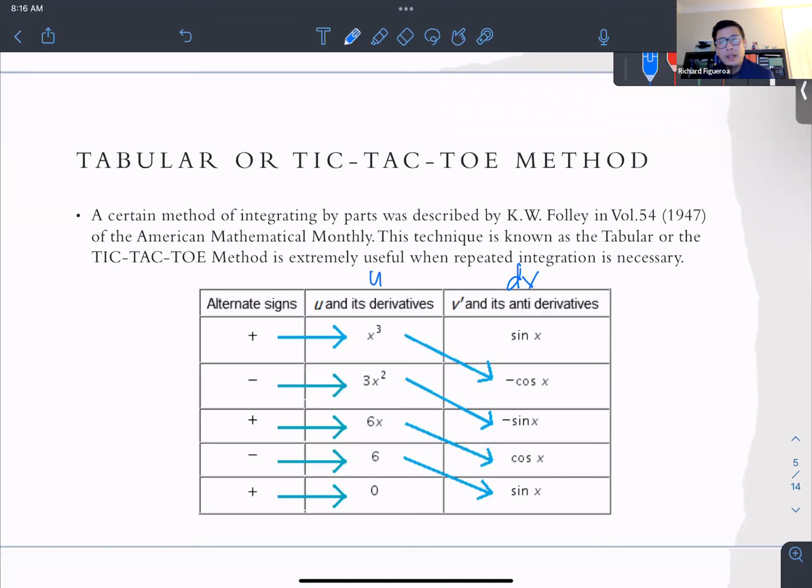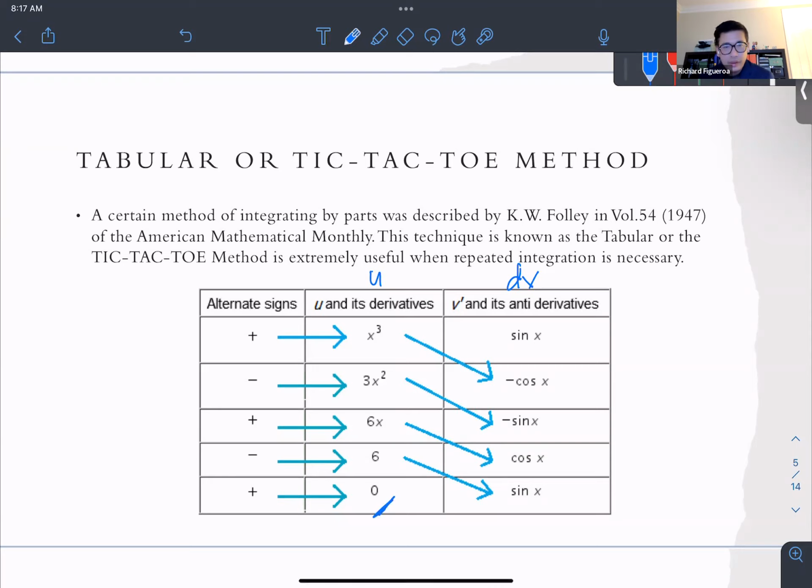It's the same approach, so we still use the LIATE method. Depending on what we designate as u, whichever remains will become our dv. Then in the tabular method, we differentiate u until it becomes 0.